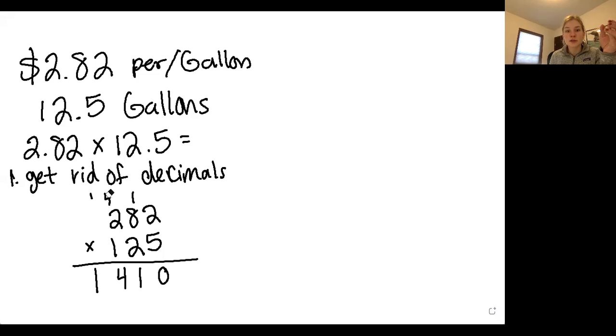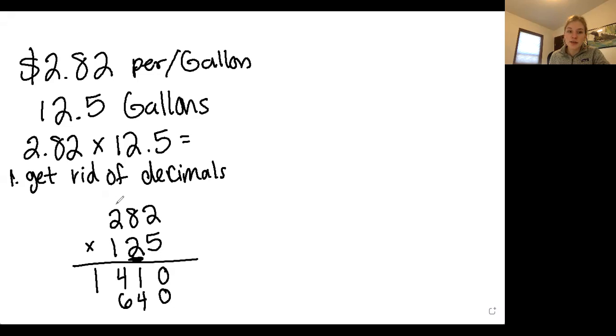So I'm going to erase, and now we're going to work with our 2, which is in the tens place. And so we need to put a placeholder in to signify that this is a 20, not a 2. So now I can multiply as if it were a 2. 2 times 2 is 4. 2 times 8 is 16.